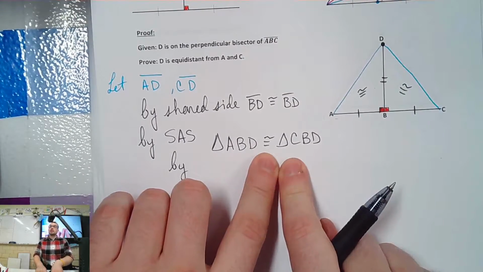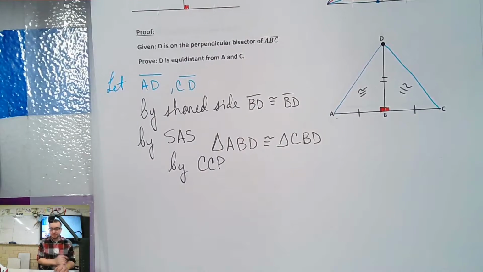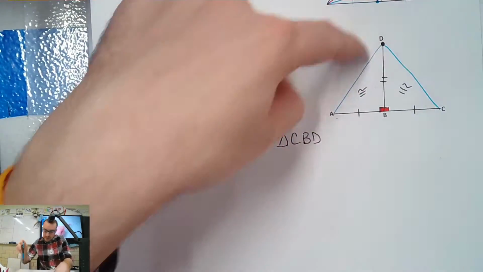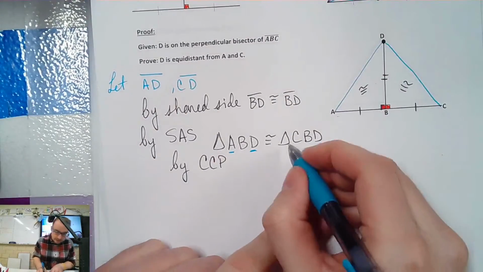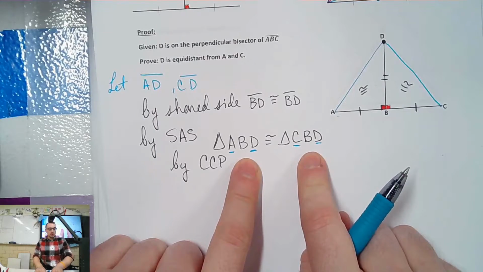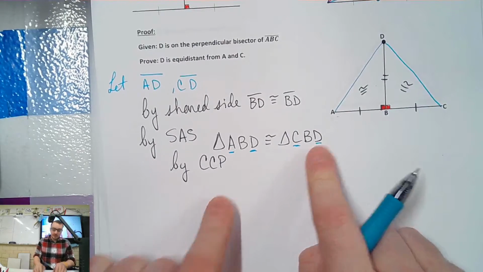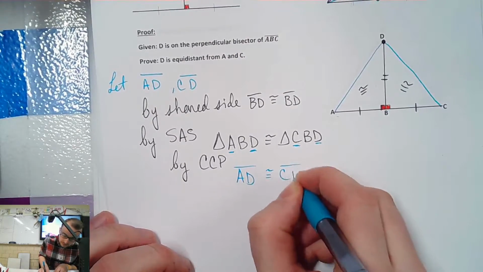Corresponding congruent parts, right? Because we're talking about congruent triangles. So by CCP, we know that these two sides are congruent, AD and CD. Why? Because they're corresponding, first and third, right? Corresponding parts will be congruent. That's what this means. So AD congruent to CD.